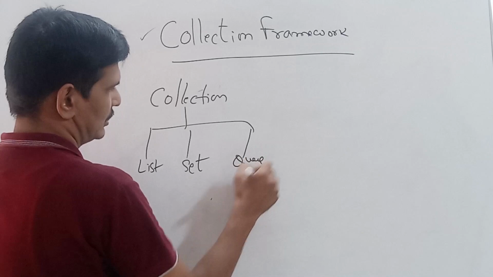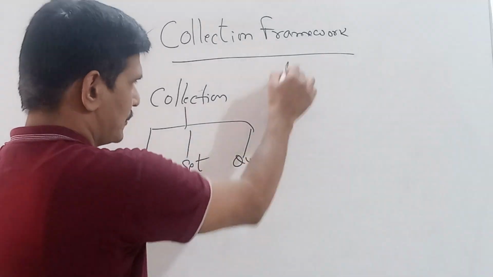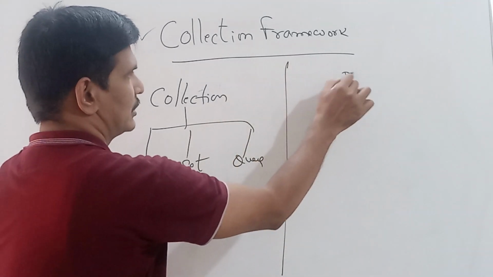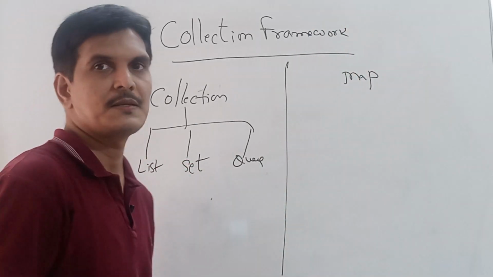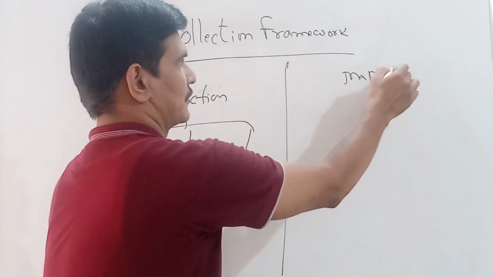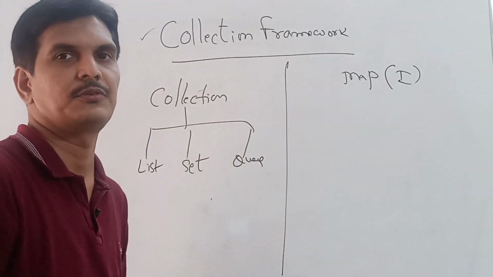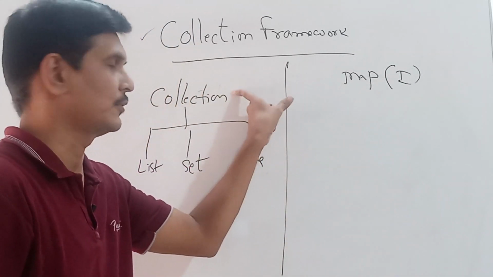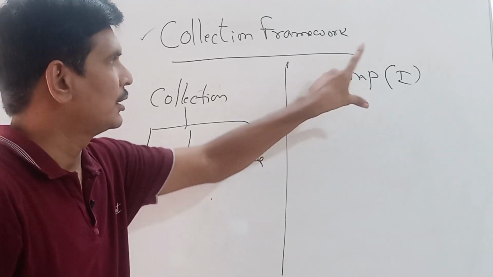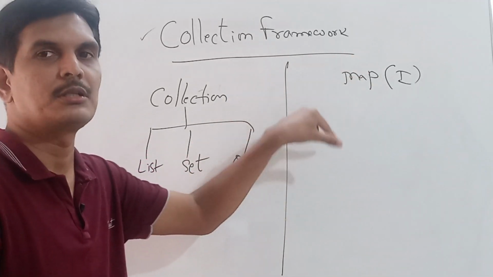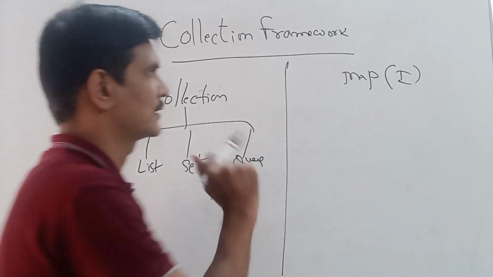Apart from this, there is one more independent interface called map. This is a different kind of interface and it is not a child interface of the collection interface. Now let us see what interfaces and classes map contains.